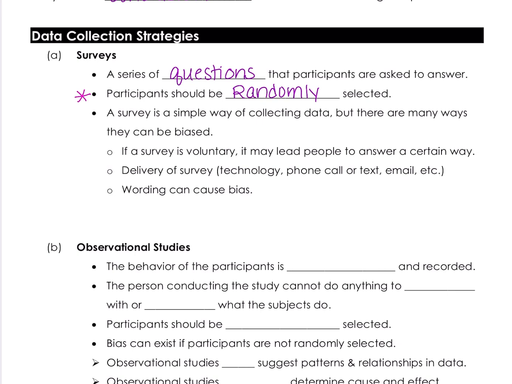Like, it sounds like you do. So the way that things are worded can cause bias, okay? The biggest thing that is going to be used and focused on to avoid bias in any statistical survey is to keep them random. And that's going to keep coming up, okay? Just keep that random thought in your mind. Everything always needs to be random when we're doing any type of study.